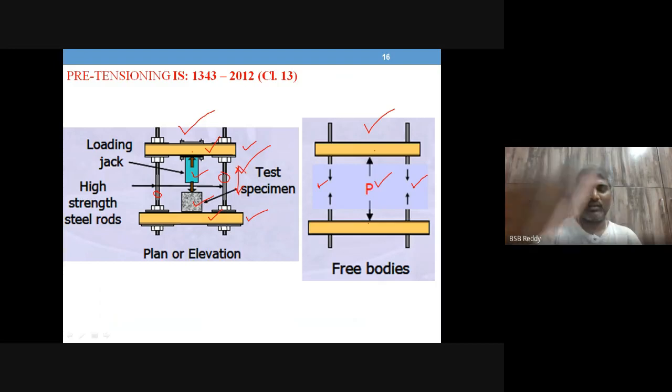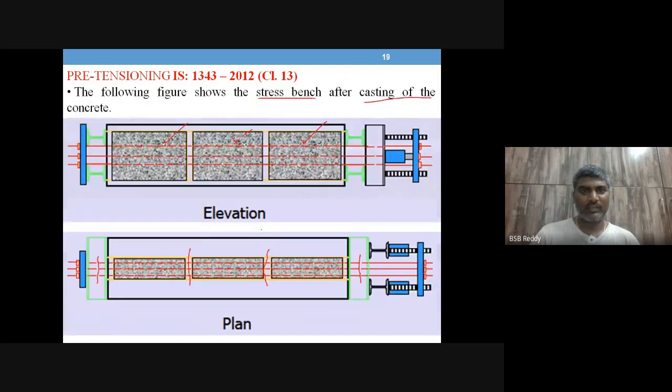We keep apart and we make this, which was a test specimen shown earlier. Now it will be a long line system having a number of molds placed in the place of the test specimen. Okay, and the entire operation is very similar. Okay, so this is today's content.